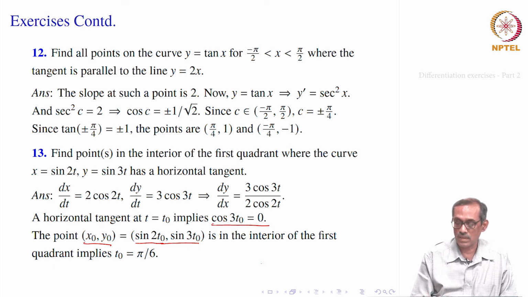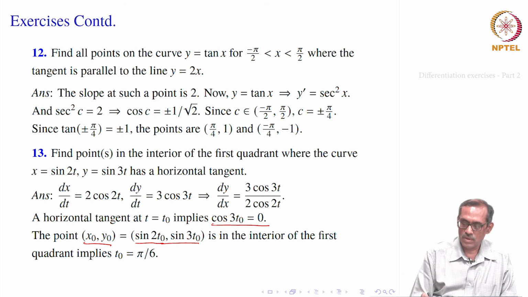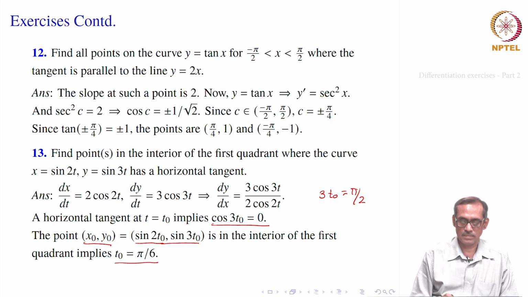So where is cosine 0? It is pi by 2, and it is in the first quadrant. So there is no other solution, there will be negative or 3 pi and others, but it is only pi by 2. So t0 must be pi by 6, because 3t0 equal to pi by 2, that is what it says.